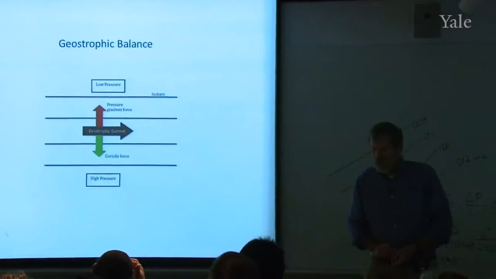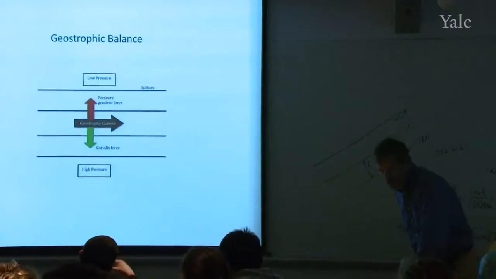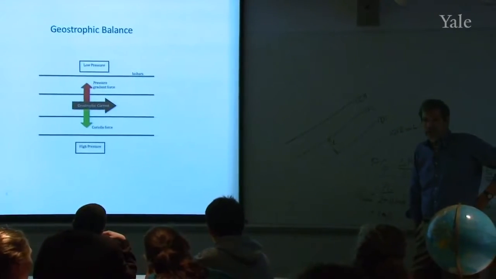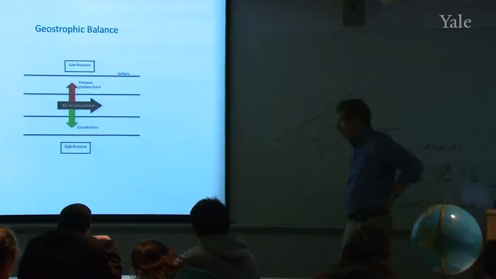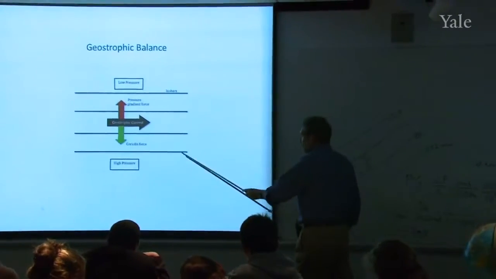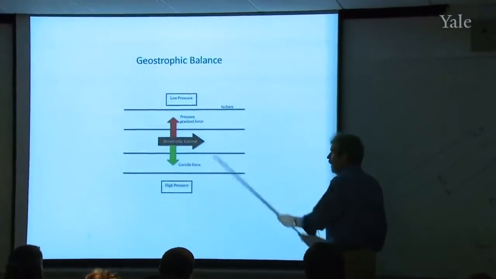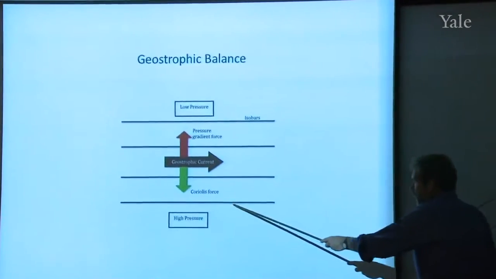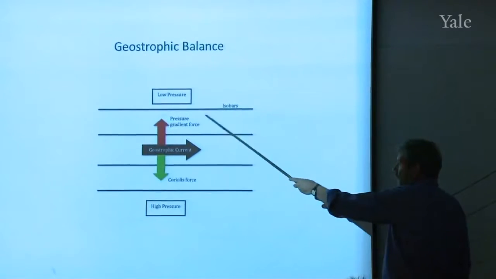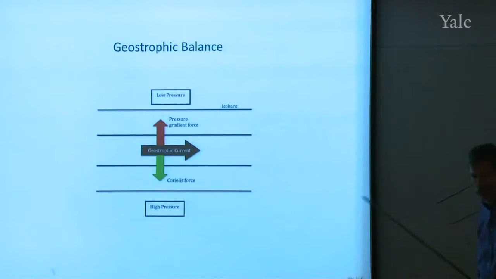That's the only way I can draw them if that air parcel is to be in geostrophic balance. These lines of constant pressure are called isobars, and you could label them with a pressure, 1020, 1010, but those are just lines of constant pressure drawn on a map called isobars.